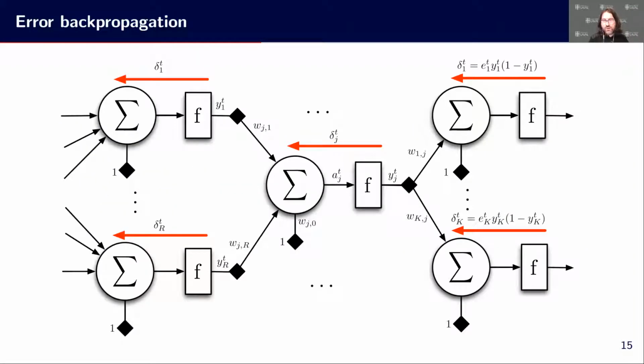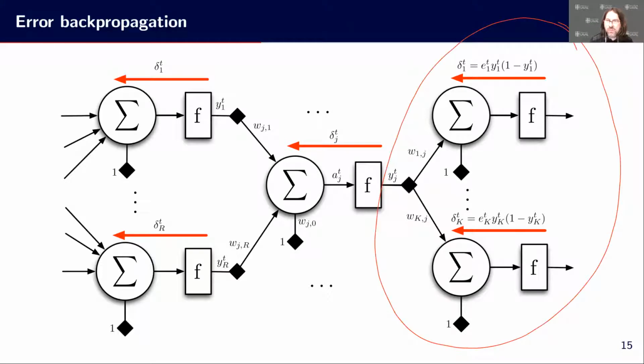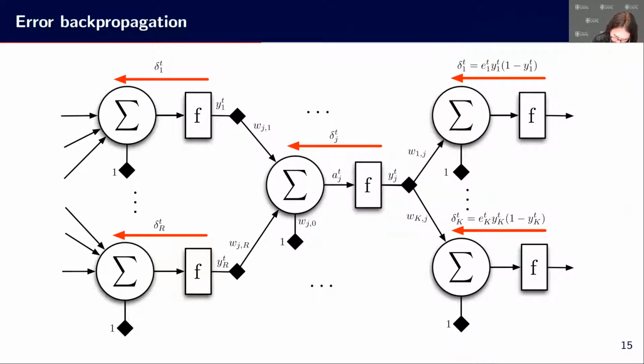So the model looks like this. Here we see the output layer. That output layer has some error that we compute, with E_i^t and E_k^t basically being the error that we observe between the desired output and the obtained output. And then we have all these factors here that give us the sensitivity to adjust the weights.